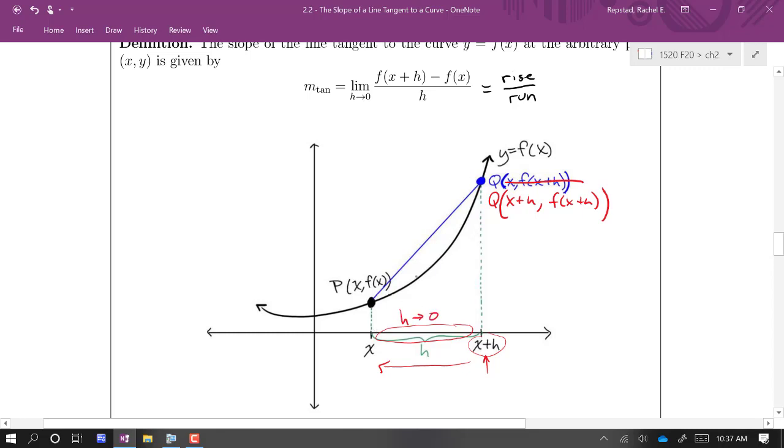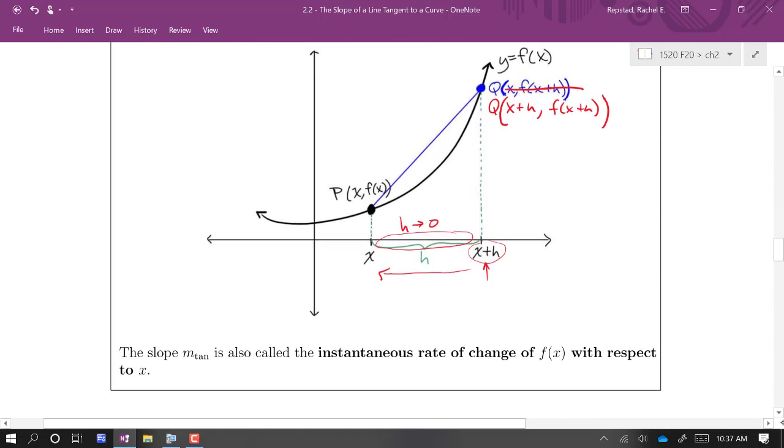That's how I slide Q closer and closer to P. And so the slope of the tangent line is this limit as h approaches 0 of f of x plus h minus f of x, all divided by h. The tangent slope is also called the instantaneous rate of change of f of x with respect to x. So how it is changing at that very instant, at that singular point.